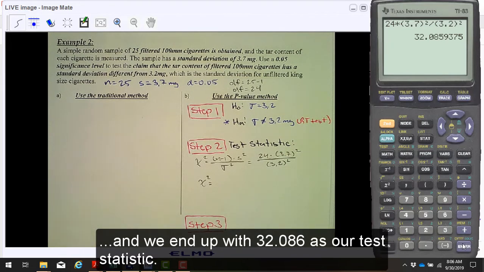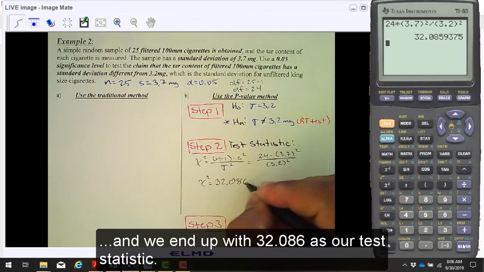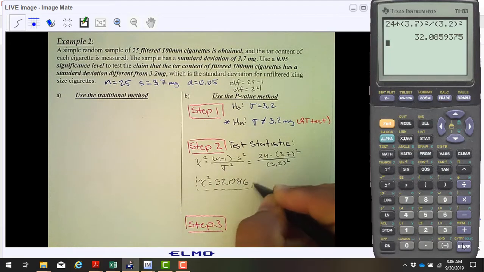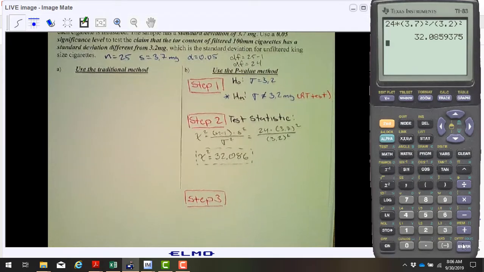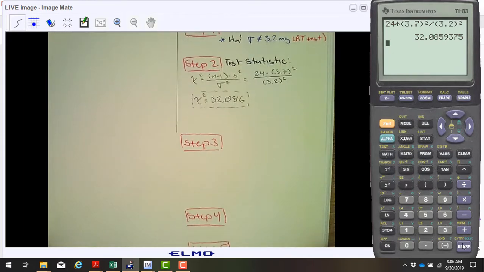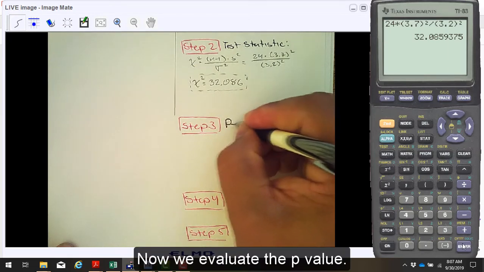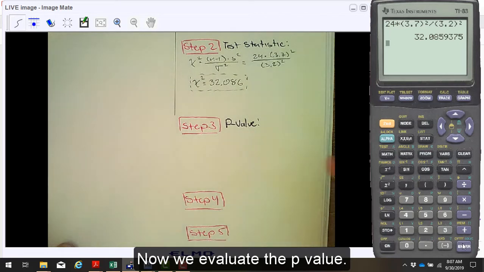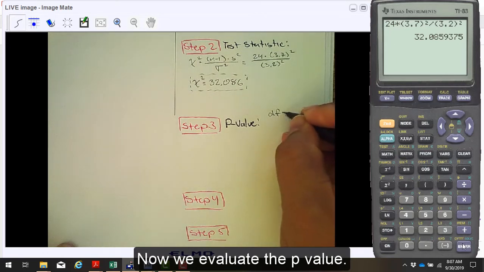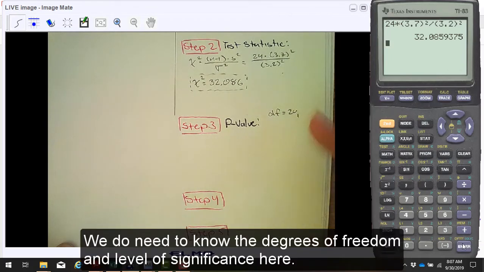And we end up with 32.086 as our test statistic. Now we evaluate the p-value. We do need to know the degrees of freedom and level of significance here.